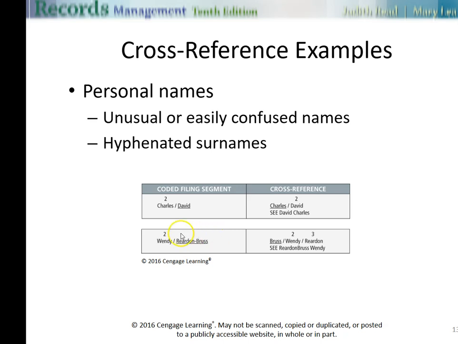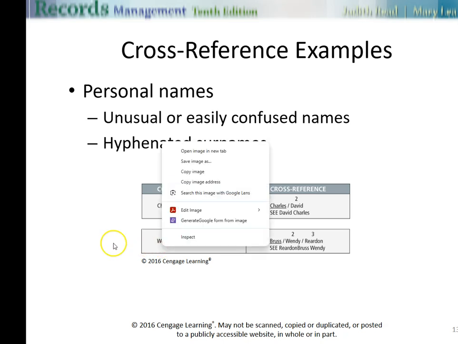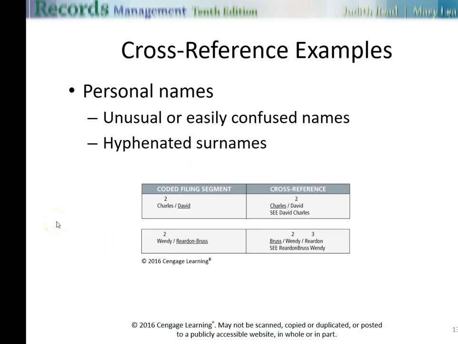So originally, her file would be filed under R for Reardon Bruss, and then unit 2 would be Wendy. Notice that Reardon Bruss is all underlined. If we were to write it out, it would look like just Reardon Bruss without the dash. Remember that we always disregard punctuation.